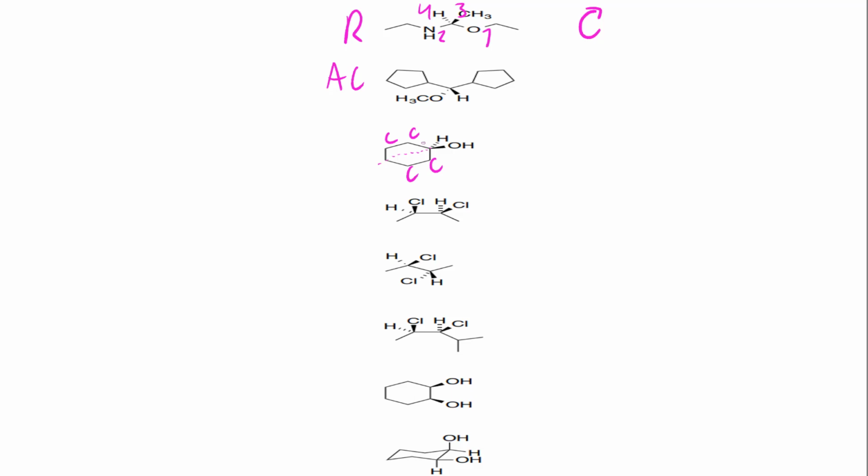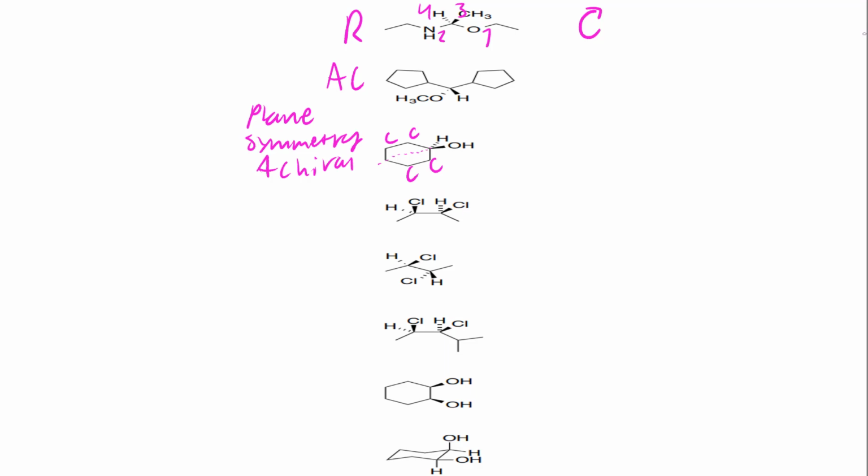So even though we were potentially chiral, a plane of symmetry makes you achiral. So if you have a plane of symmetry, that means that you are achiral, right? So that is achiral.